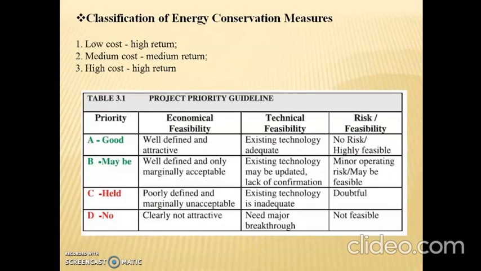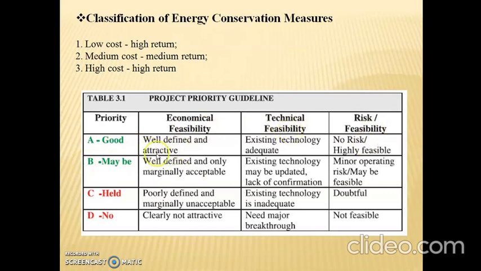Then an energy conservation priority guideline is also given by the Bureau of Energy Efficiency. There are low cost, high return; medium cost, medium return; and high cost, of course high return measures. For that, priority A, B, C, D is categorized into four. A is good, B is maybe, C is held or on hold, and D is no, completely rejected. You have to check that the project is economically feasible, technically feasible, and that risk and feasibility are also checked.